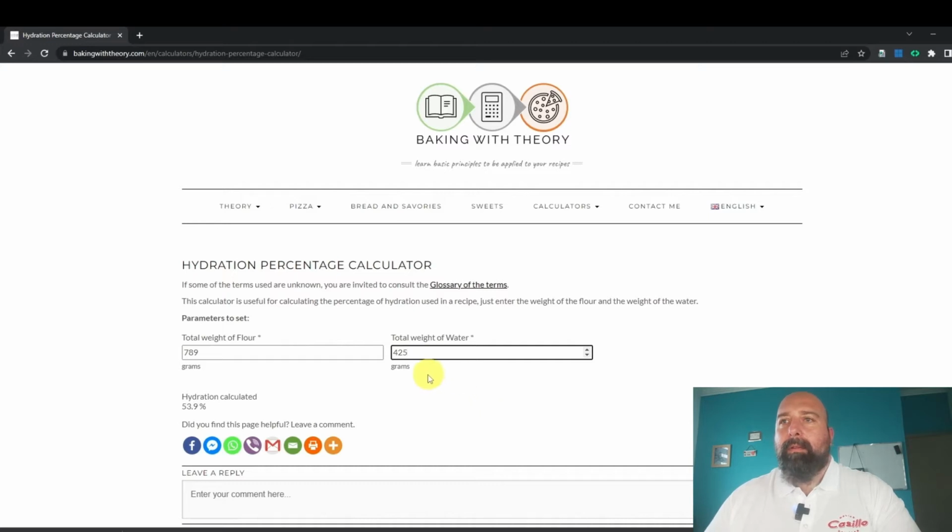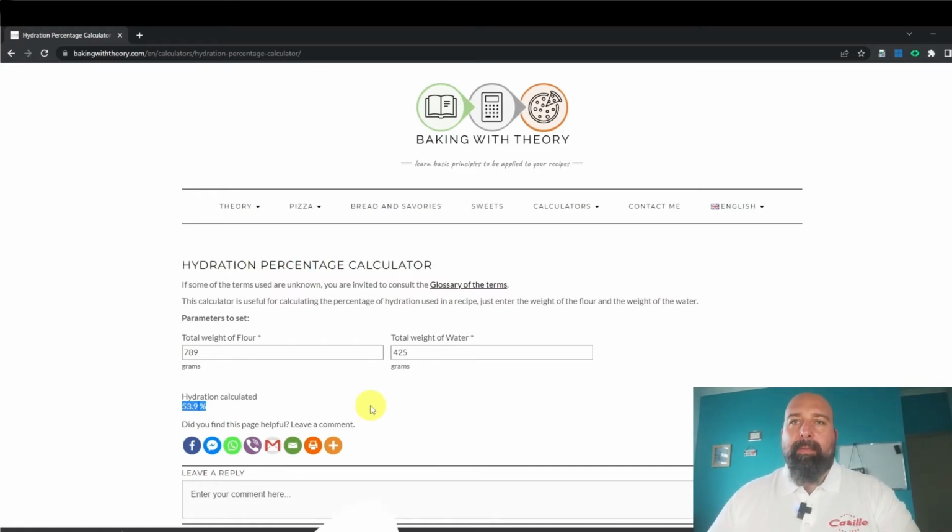As you can notice, automatically this is calculating the amount of hydration. Remember, it's good to know the hydration if you want to scale your recipe, and also to be consistent. One of the most important things is to scale all your ingredients in order to recreate the same products, okay? This is only the technical part that we are covering now.